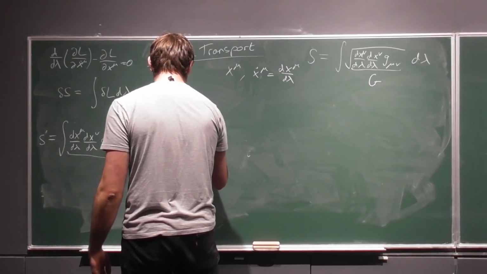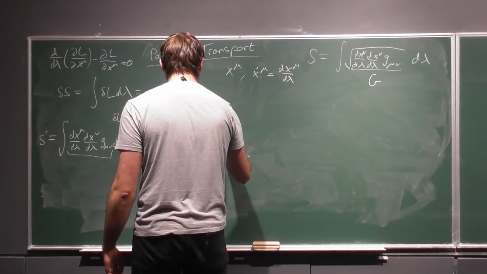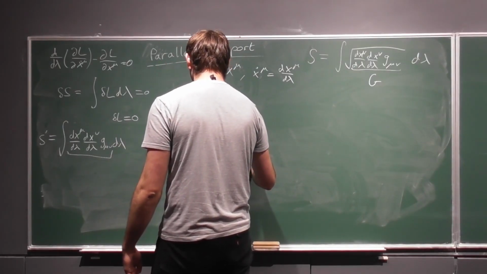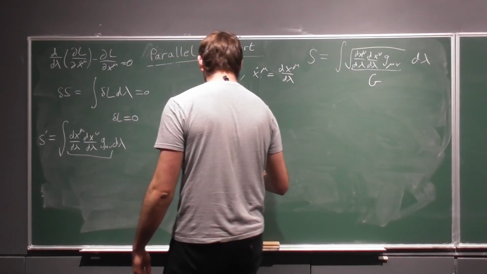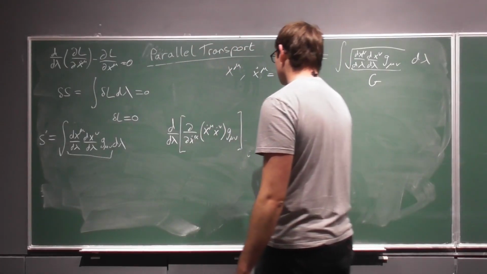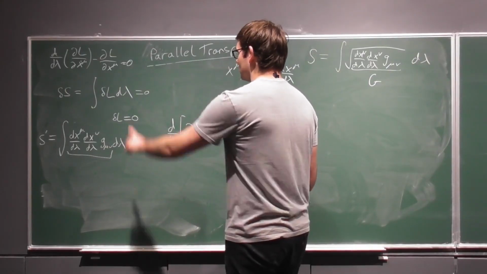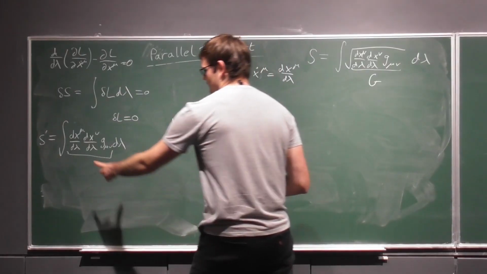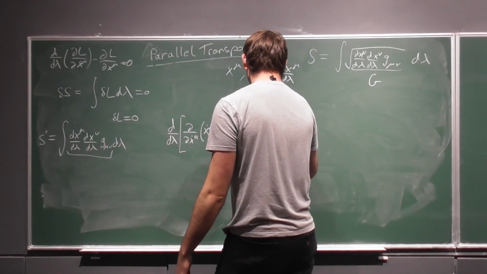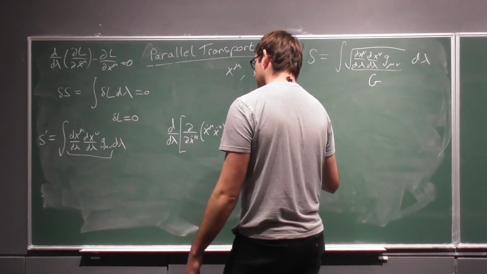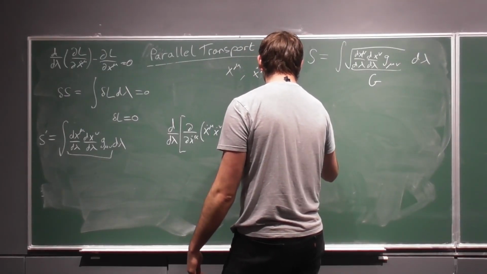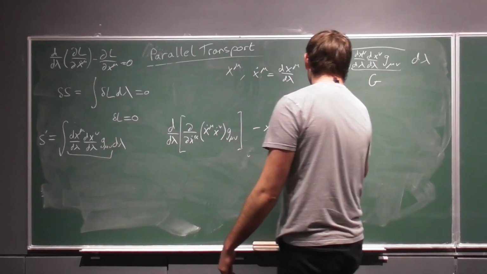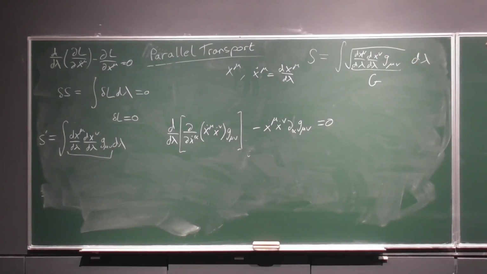So let me make this alpha. This is x dot^μ x dot^ν g_μν. And then minus the derivative with respect to x^α. Now these x dots won't depend on the coordinates, so we can just take them outside. It's just going to be the derivative ∂_α of the metric that comes out there. Okay, so this is what this equation becomes.